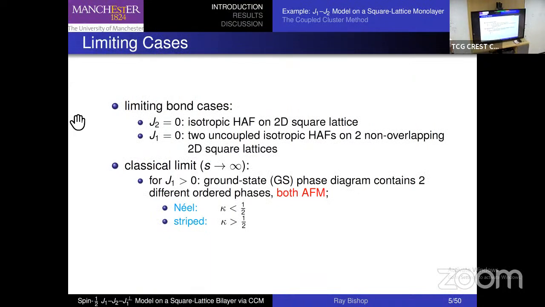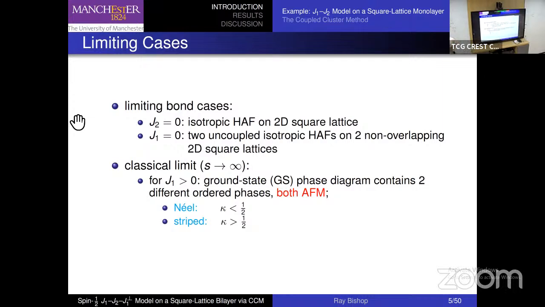Limiting cases, if J2 is 0, we've got a Heisenberg antiferromagnet, HAF, on a square lattice. If J1 is 0, you've actually got two uncoupled, non-overlapping 2D square lattices, because the black squares on the checkerboard do not talk to the white squares, and so each of those are independent.